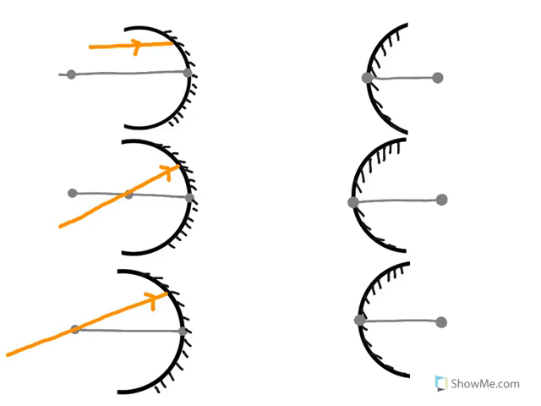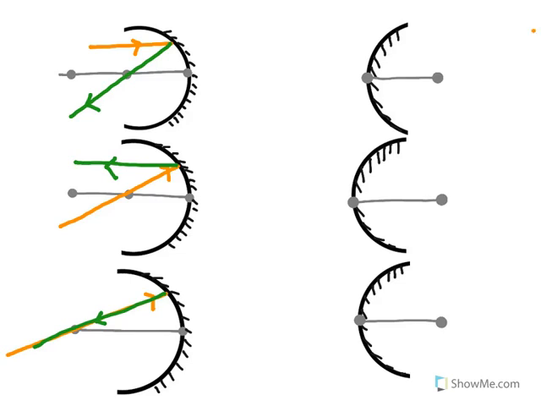The one that went parallel, after reflection went through the focus. The one that came from the focus, after reflection went parallel. And the one that came through the center of curvature retraced its path. This was for concave.